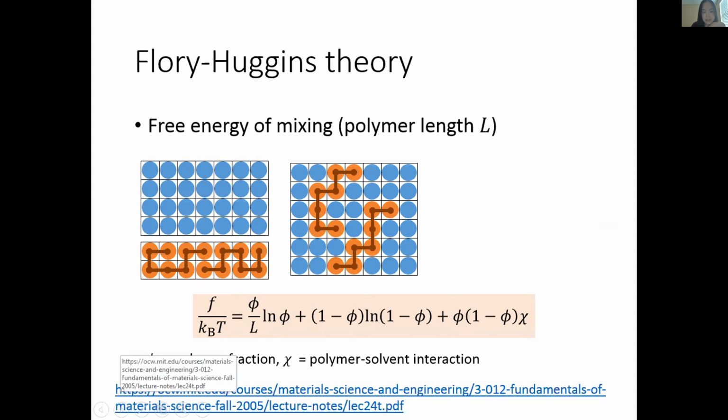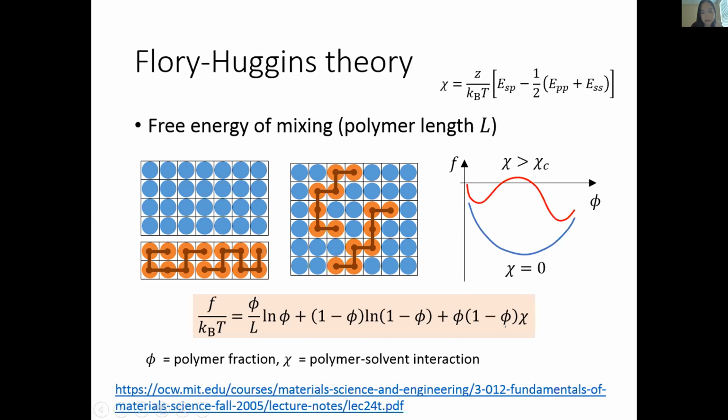For details of the derivation, you can refer to this lecture note, which is very clearly written and very well explained. So now we have the free energy of mixing for the polymer solution, and how can we make use of this to understand the phase separation of the polymer, or phase separation of biomolecules?